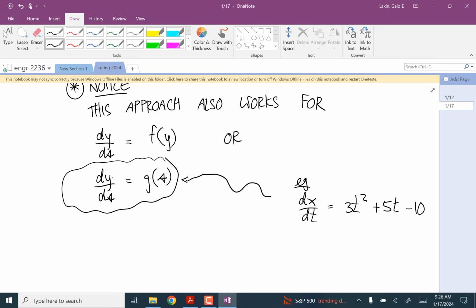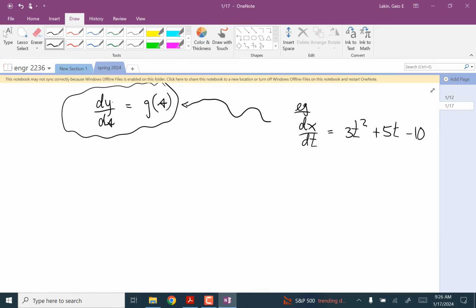You can solve it this way. Okay, and that's going to come up a lot, so let me do an example.